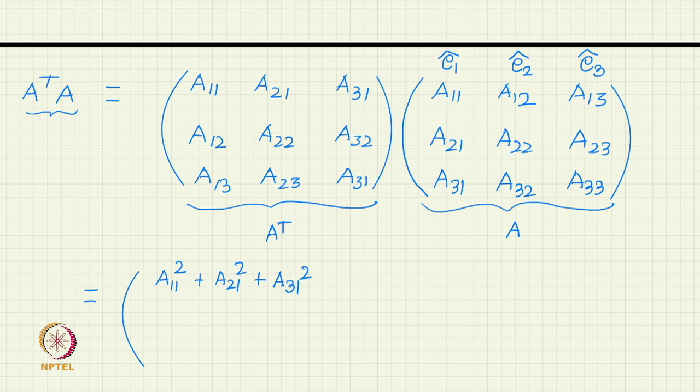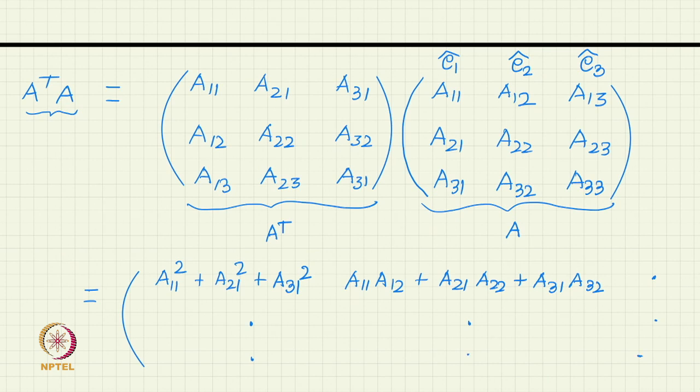The first row, second column of the product will be A11 A12 plus A21 A22 plus A31 A32, and similarly we can fill in the other products.